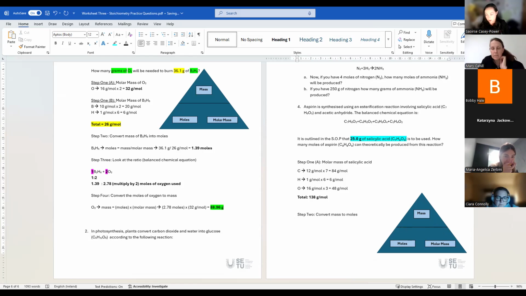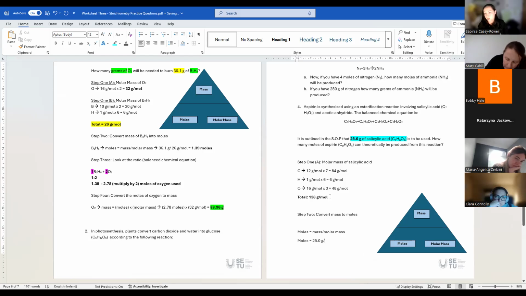Okay, so for this, again, the moles is your mass divided by your molar mass. We're given the mass in the question, so 25.0 grams.